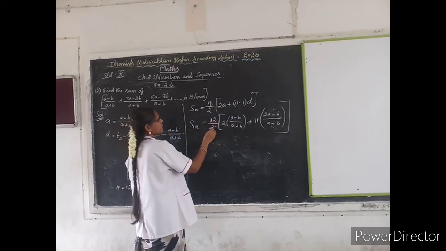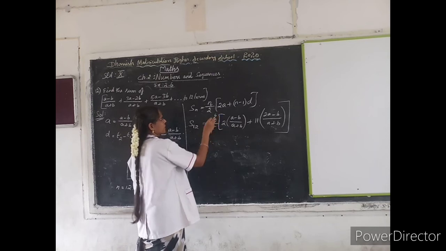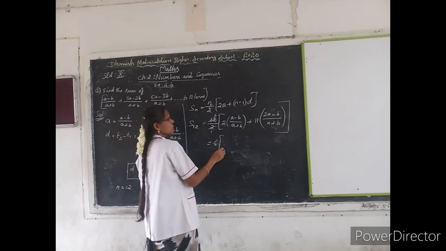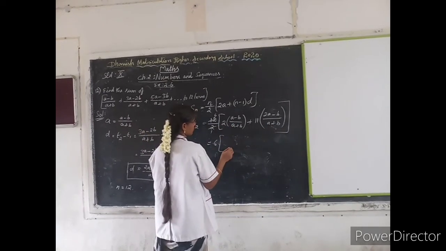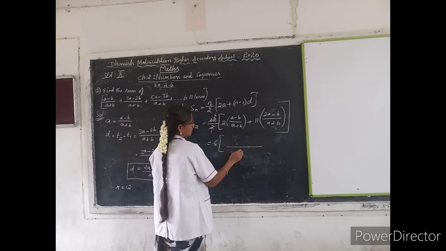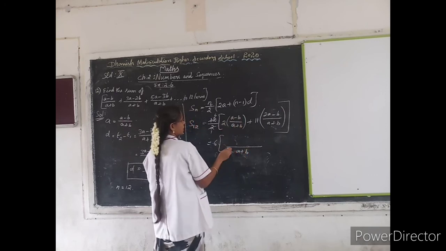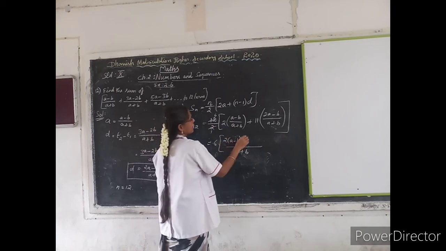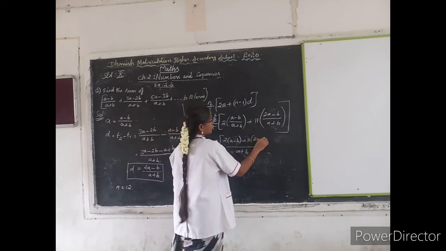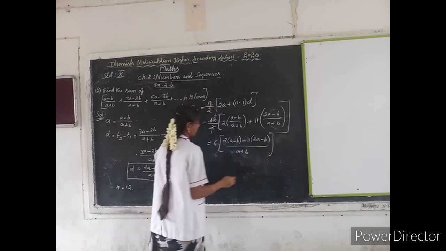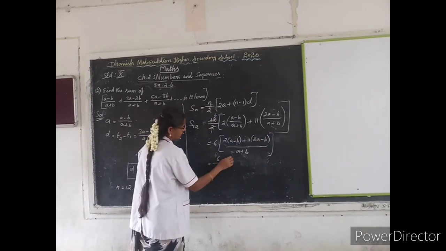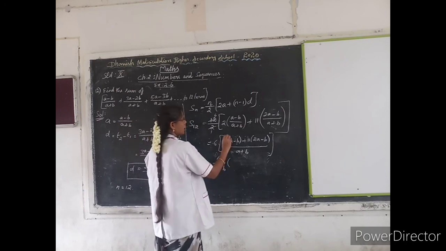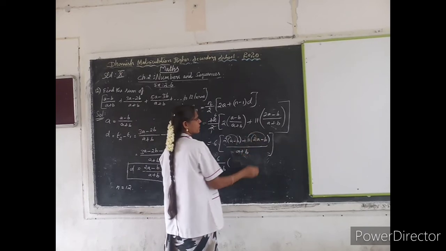So 12 by 2, cancel by 2 times, is 6 into a common denominator a plus b. What about the numerator? 2 into a minus b plus 11 into 2a minus b. Now 6 divided by this a plus b. Numerator: multiply by 2 here, and multiply by 11 here.